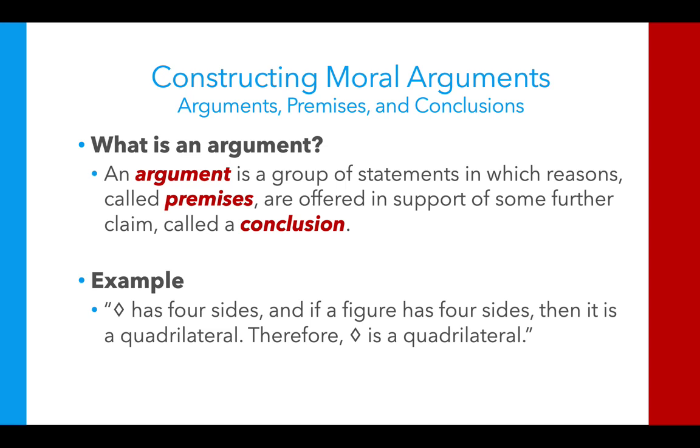So why think that this diamond is a quadrilateral? Well, it has four sides. That's one reason. The other reason that combines with that is that if a figure has four sides, then it's a quadrilateral. If those two things are true, then we've got to conclude that that diamond is a quadrilateral.